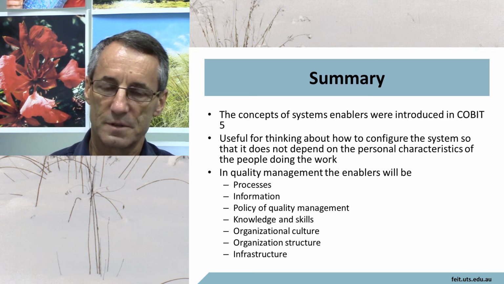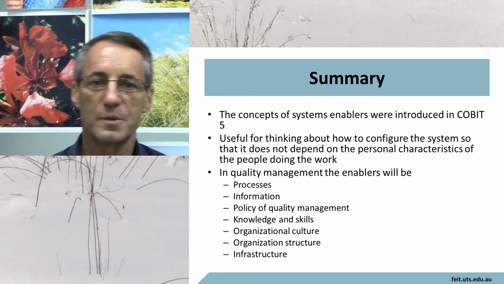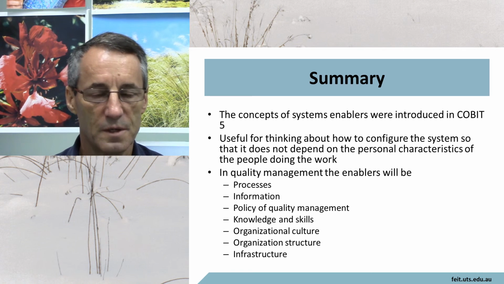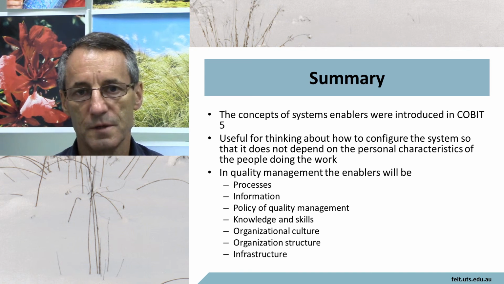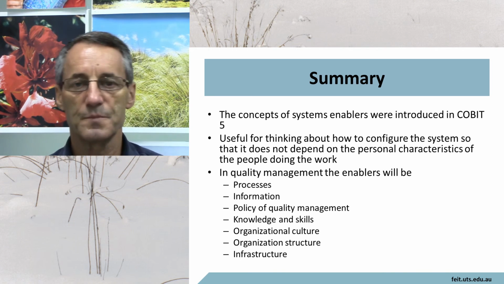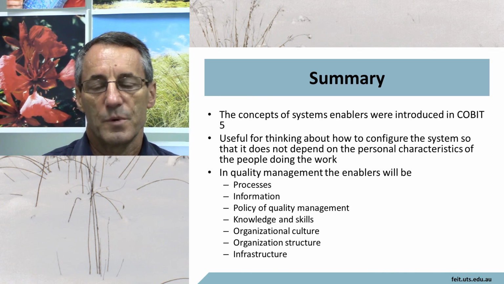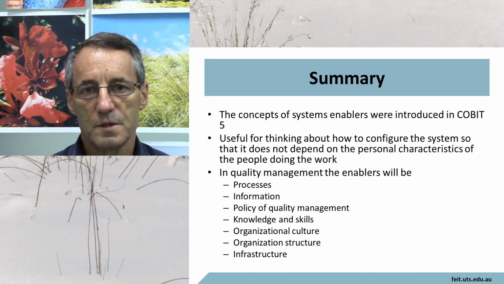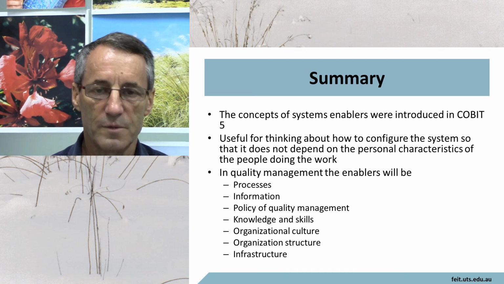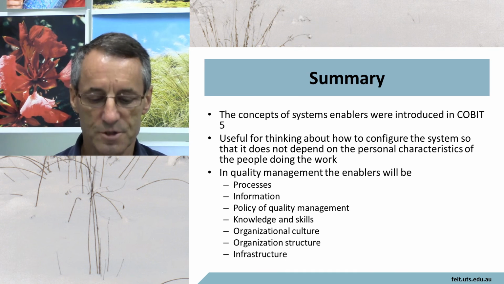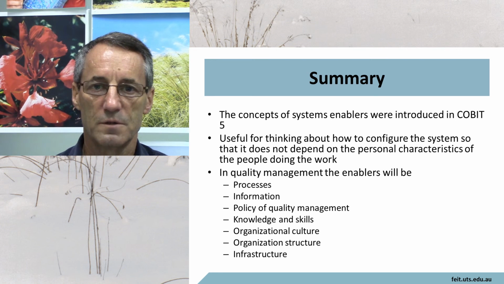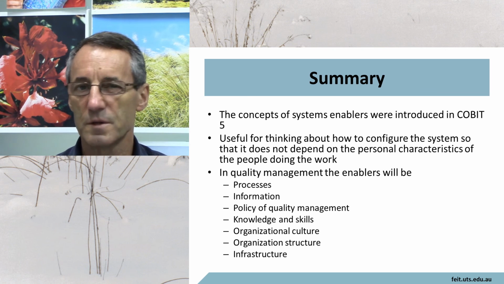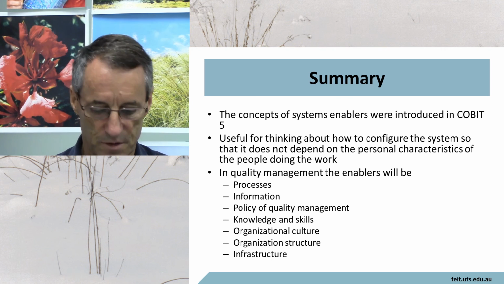In quality management, well, the enablers are going to be the processes for quality management. Obviously, the information that flows through the quality management system, the policy of quality management, the knowledge and skills of the people concerned, the organization culture toward quality. I mean, if the organization culture is, well, just chip it, then trying to achieve very rigorous quality probably isn't going to work that well until you address that problem of organization culture.